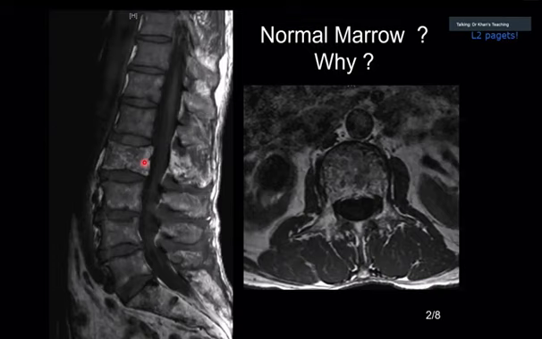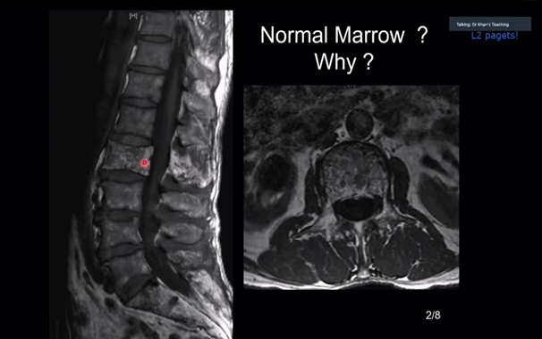Now, if you read MR of Paget's disease from a textbook, it will tell you that there are no pathognomonic findings. Findings will vary, which is common sense because the stages vary. But something which is given, which can be asked in the exam, is this case.